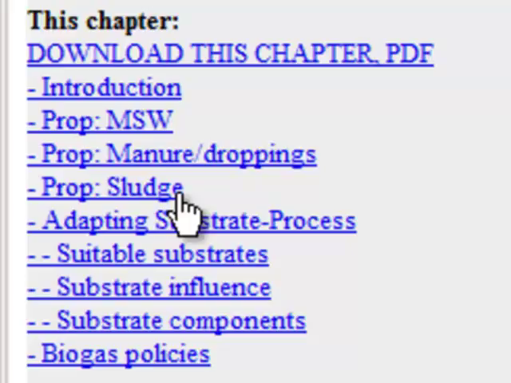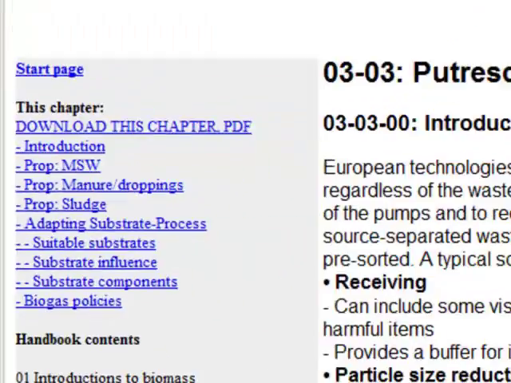A sludge is basically a water suspension of solid material holding at the very least 60 or up to 95% water. Parts of the municipal solid waste will also be very sludge-like. So these materials are very often liquid or semi-liquid.